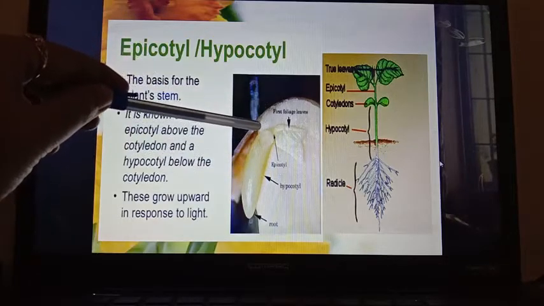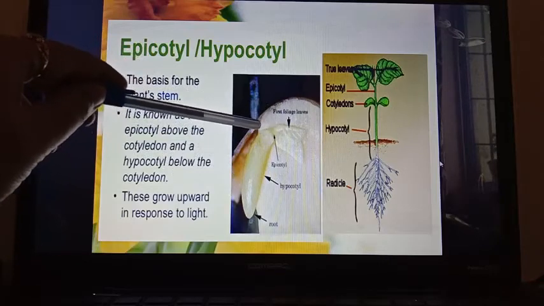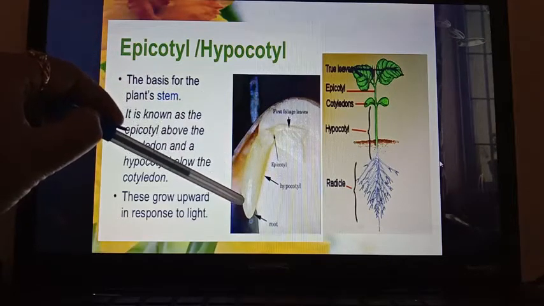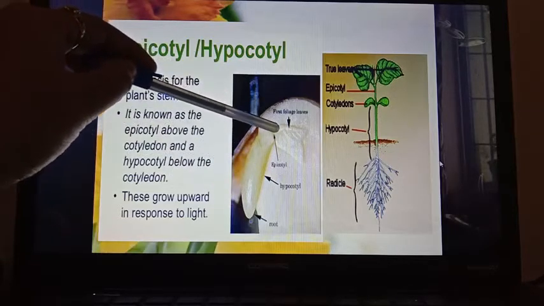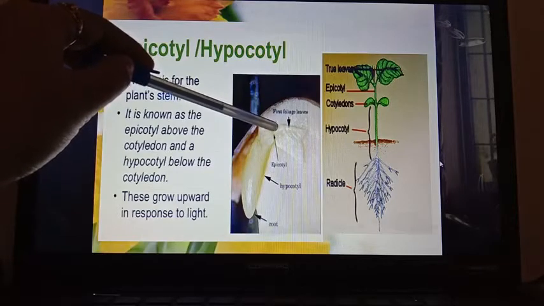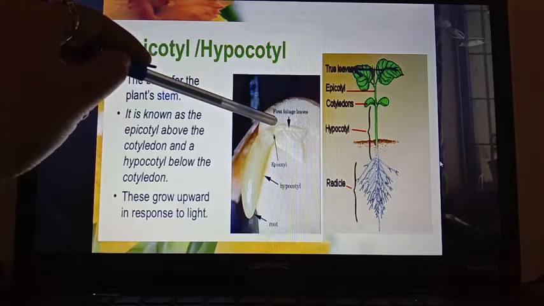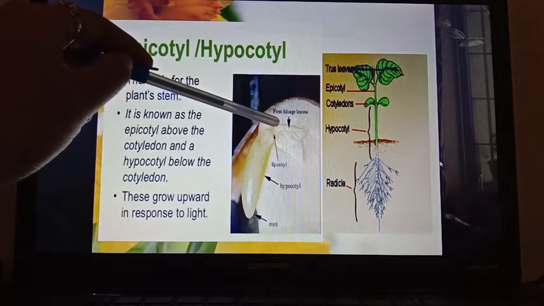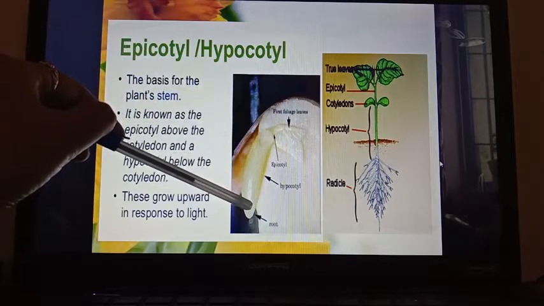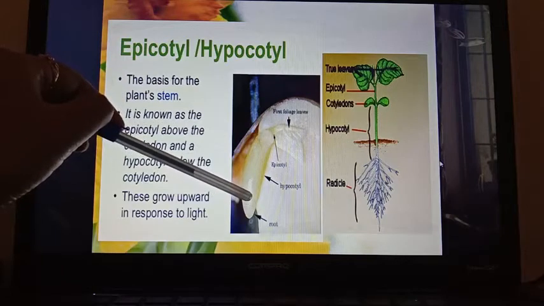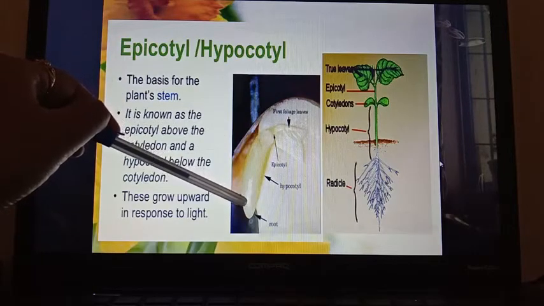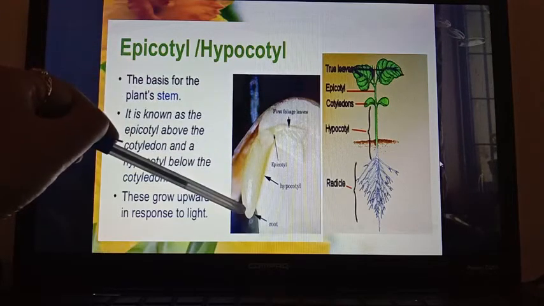In this embryonic stem of the plant, the upper part is known as plumule, which after that forms the shoot system of the plant, and the lower part is known as radicle, which gives rise to the root system of the plant. So upper part is plumule, lower part is radicle.